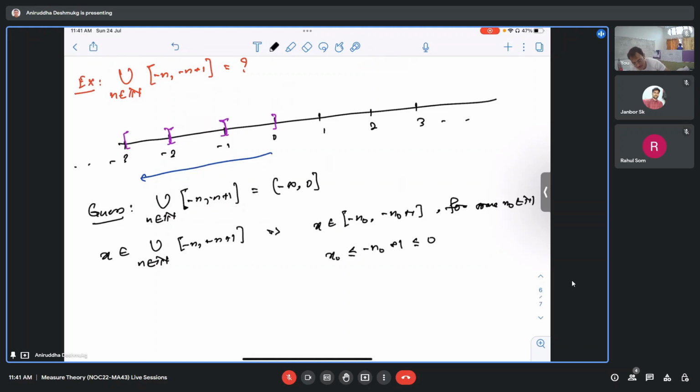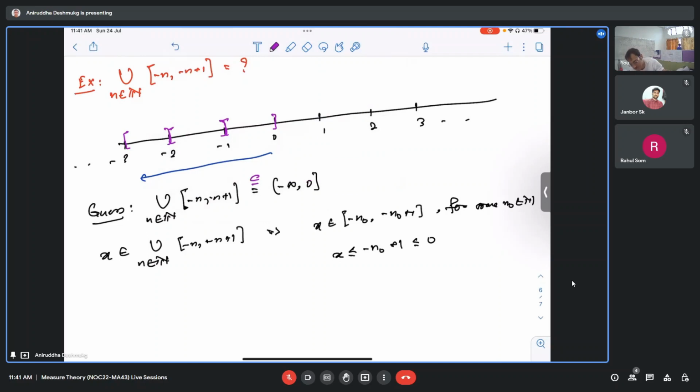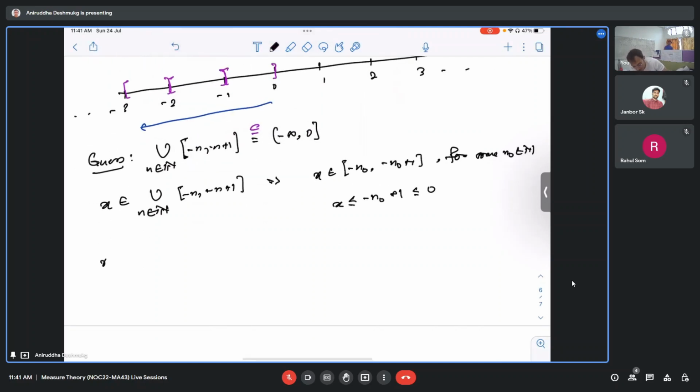So therefore x is at most 0, and at least this subsethood is clear. No issues in proving this subsethood. What about the other way around? If I take x in minus infinity to 0, then what will happen? I want to prove that there should exist some n for which x is inside the particular interval [minus n, minus n plus 1].